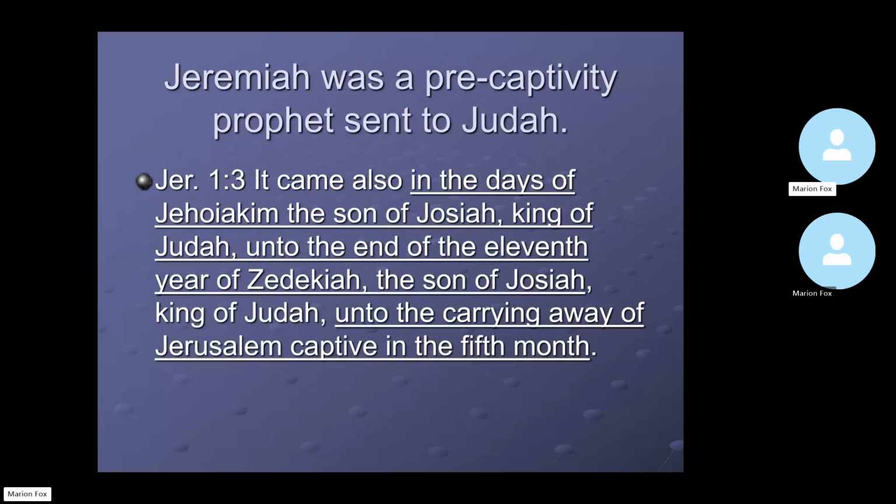Now, Zedekiah wasn't a king exactly. He was a governor, and he, of course, had his problems too, and he and Joachim, neither one of them were good kings. Until the carrying away of Jerusalem captive in the 5th month. This is when he prophesied.